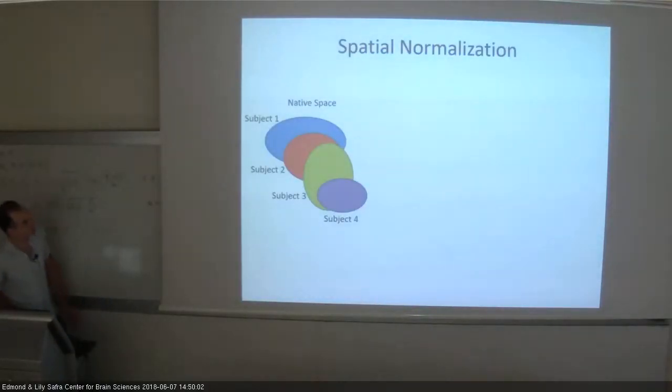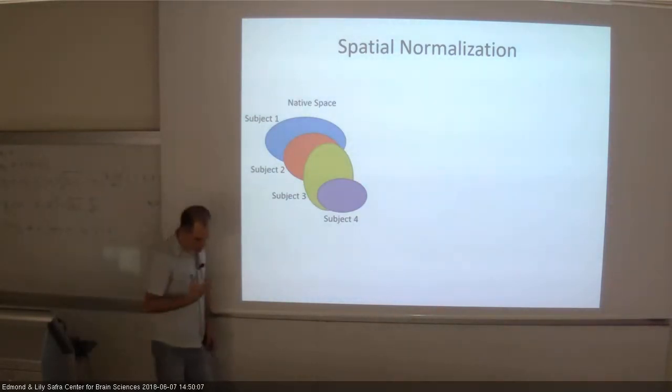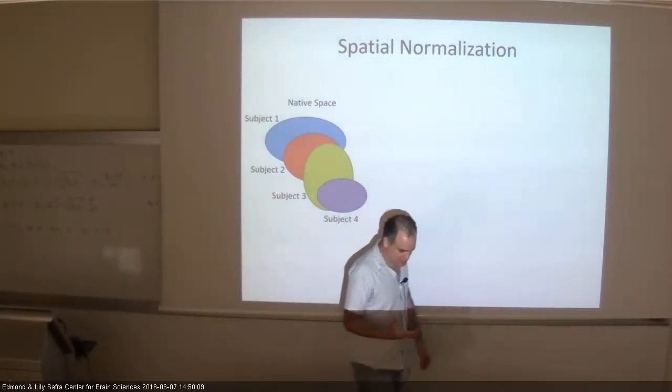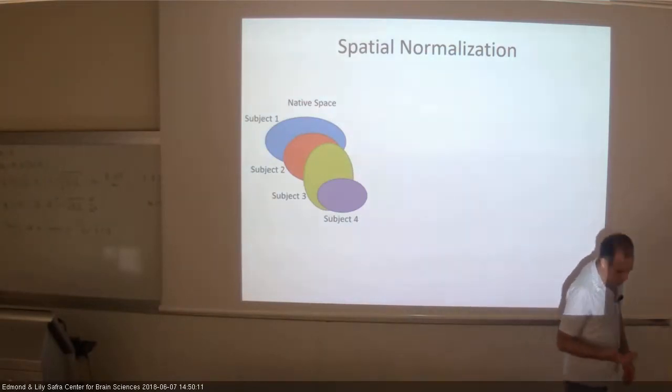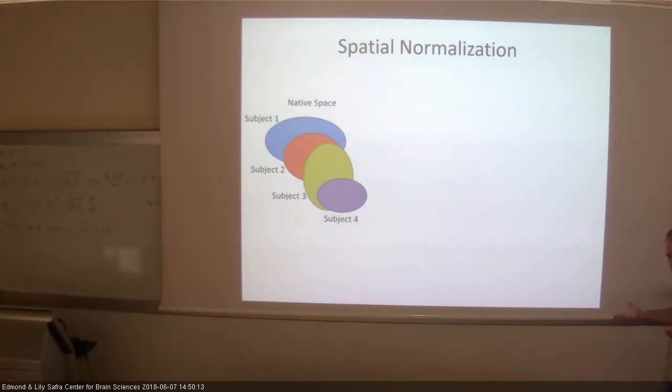But last but not least, sometimes you want to normalize the space in which you work. What do I mean by that? Right now I have the data, I pre-processed everything, removed the motion artifacts, and put it on the brain of that subject, but I'm still in native space.